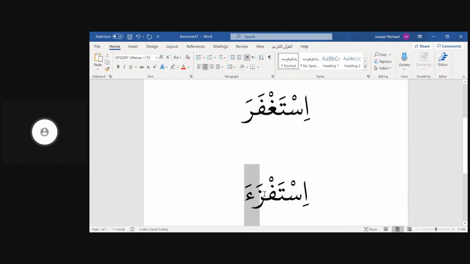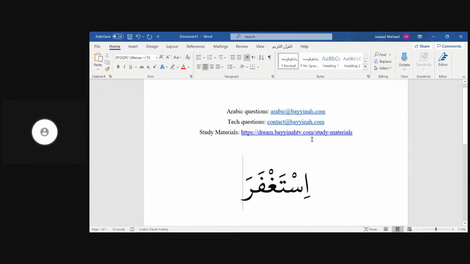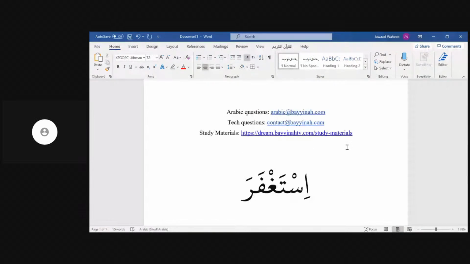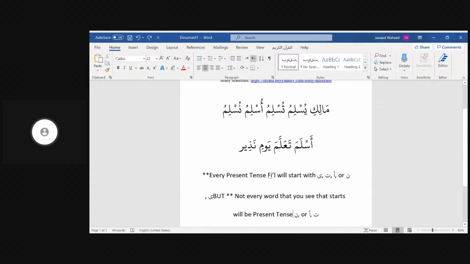And from that, you can take away that fa, za, and hamza would be the root. So that's how you want to go about it. It's going to take some time getting used to matching it up with a family, and doing all of that. But the more you do it, the easier it'll get for you.